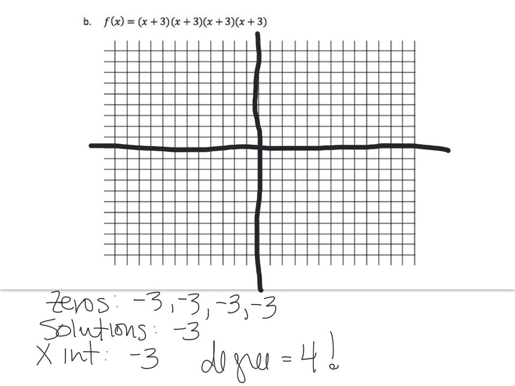I'm going to push pause and do the same thing. 1, 2, 3. This is -1, -2, -3. So our graph looks something like that, right?